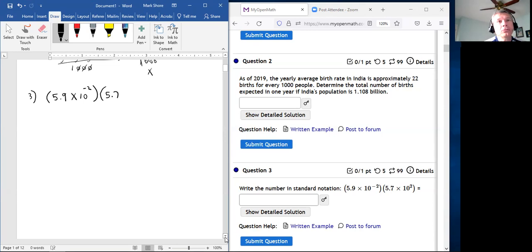So really big numbers and really small numbers are written in what's called scientific notation. And scientific notation always has a times 10 raised to some power, and it has a number between 1 and 10. It's a single digit number to the left of the decimal point and as many numbers as they want on the right hand side.